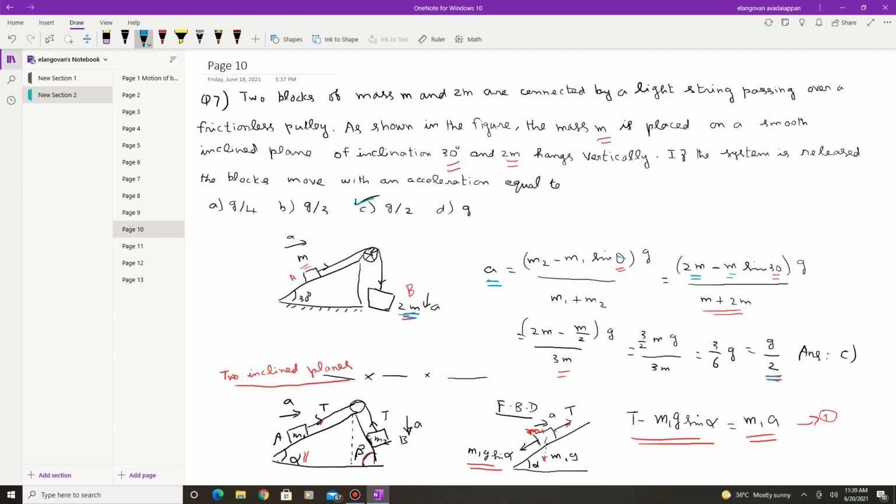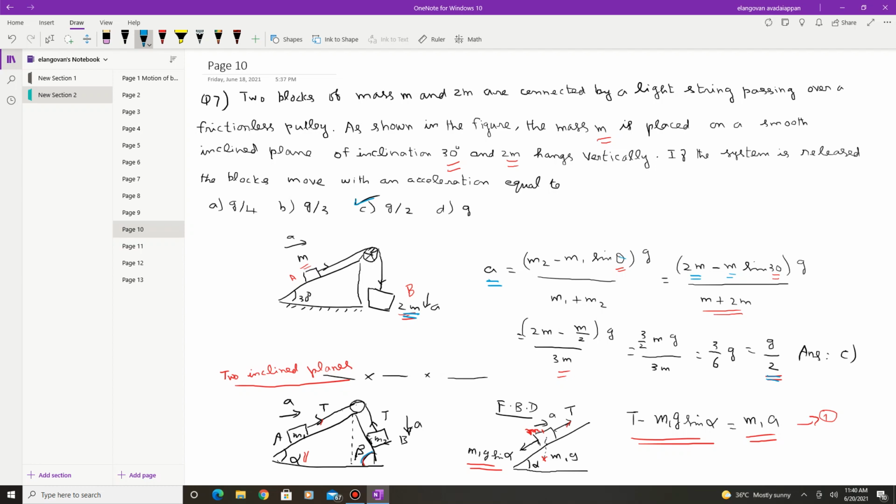Now another type of problem is, instead of one inclined plane, we consider two inclined planes. Here the block of mass m1 is on an inclined plane with angle of inclination alpha, and the block of mass m2 is placed on the other inclined plane, whose angle of inclination is beta. Alpha and beta may be different.